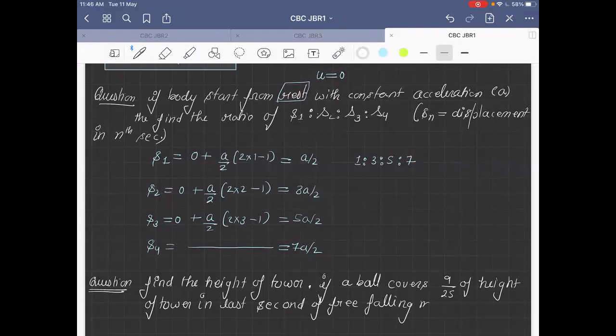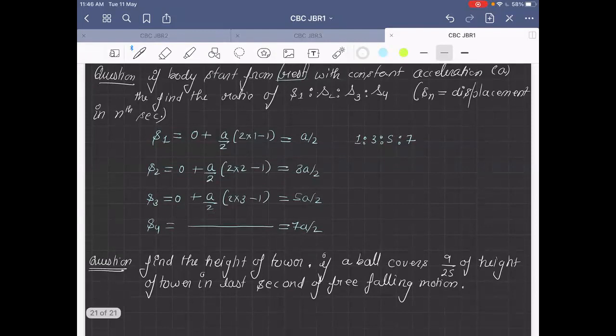Free falling motion also means initial velocity 0, because nobody pushed it, it is simply dropped.